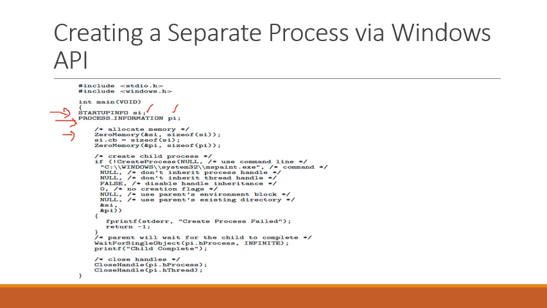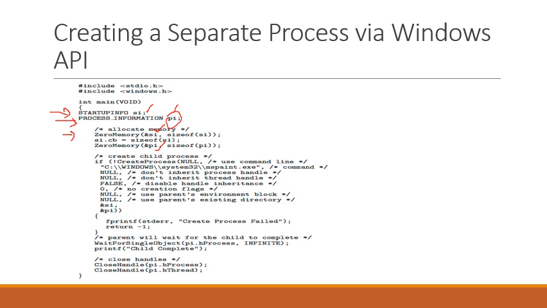As you can see, in the first invocation of ZeroMemory, we have passed it the pointer to the startup information structure, whereas in the second invocation of this function, we have passed it the pointer pi.